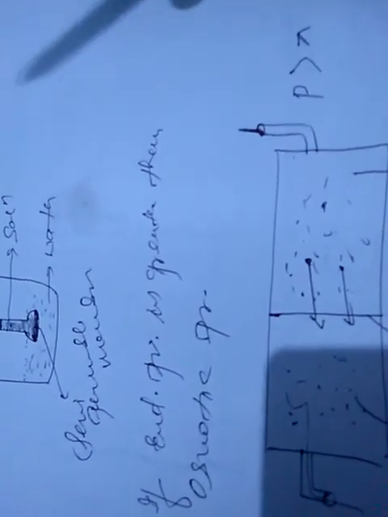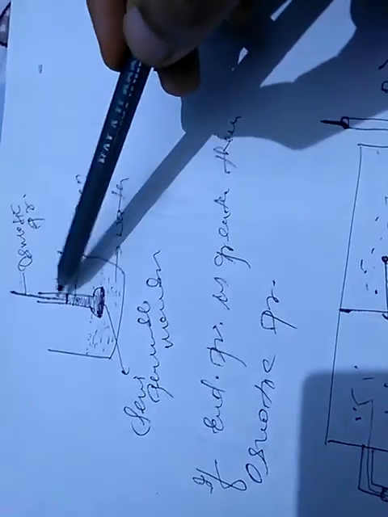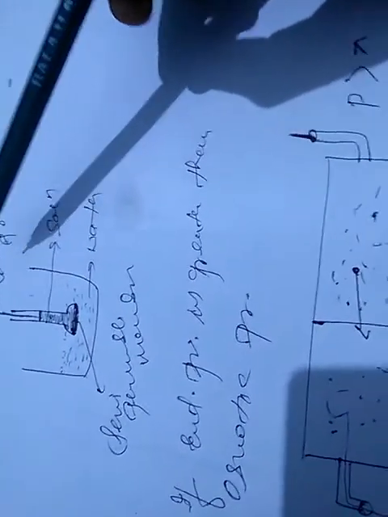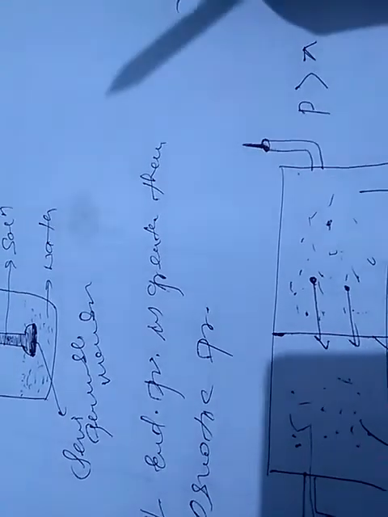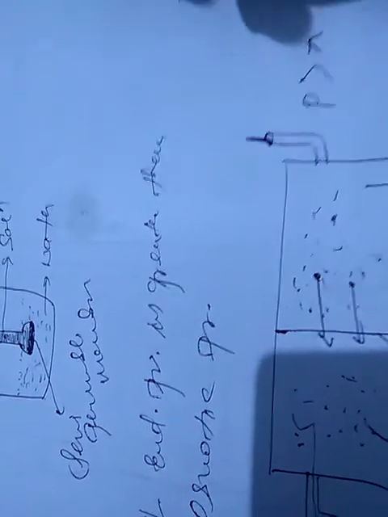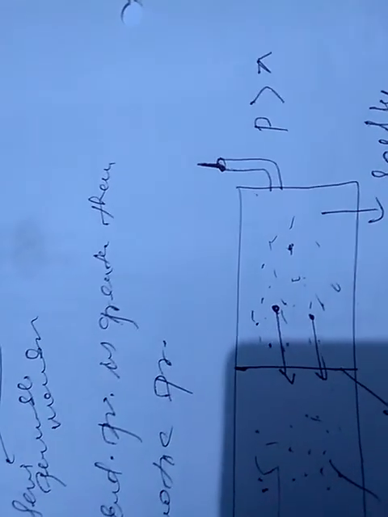But a condition is that it will happen only when the pressure which is applied over here is greater than the osmotic pressure. Then reverse osmosis takes place, and one common application of this reverse osmosis is converting salty water into potable water. So this is what we have about reverse osmosis.